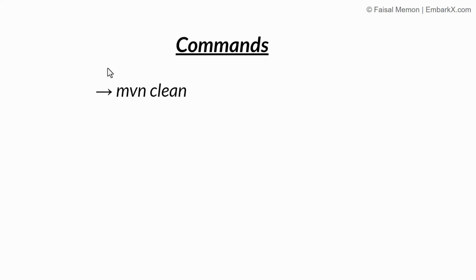And this is because with every build, you will have some set of files that are being generated by Maven. So this is just for cleaning purpose. So running Maven clean will clean the target directory of your project, and which is where the Maven places all its build files. So if you see the project structure, you will have a target directory wherein all the files are being generated.